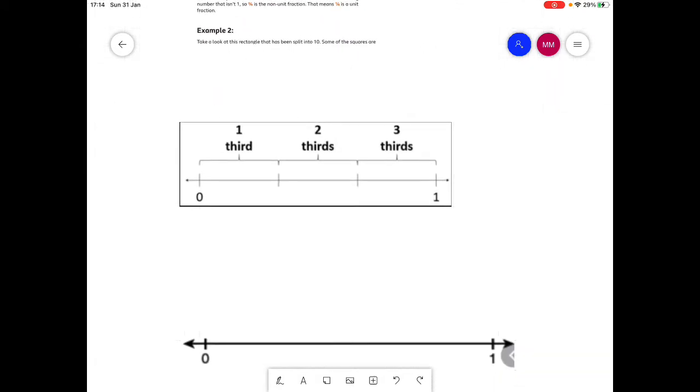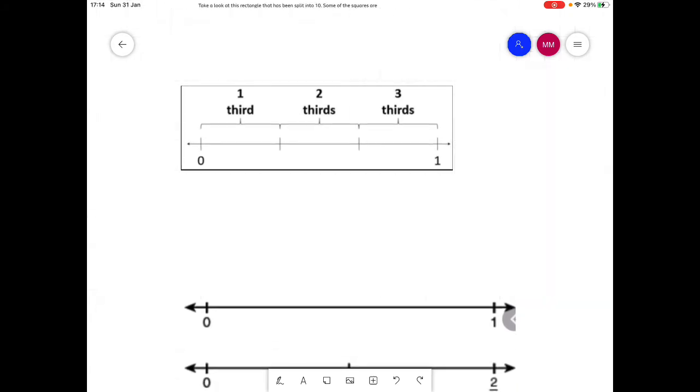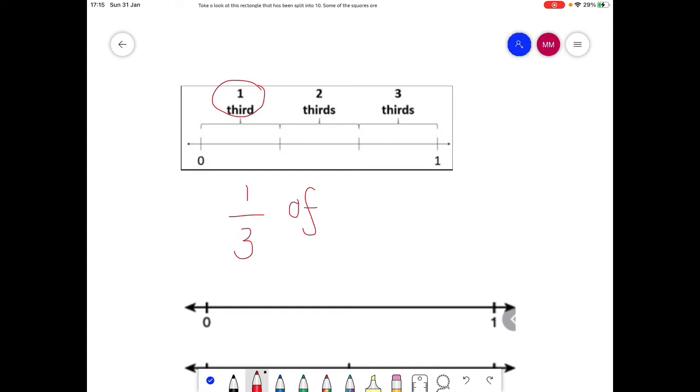So how do we go about finding non-unit fractions then, boys and girls? It is very important that we can use our multiplication and division skills for this. So if, for example, you were asked to find 1/3 of a number, for example 21, how would you go about finding 1/3?